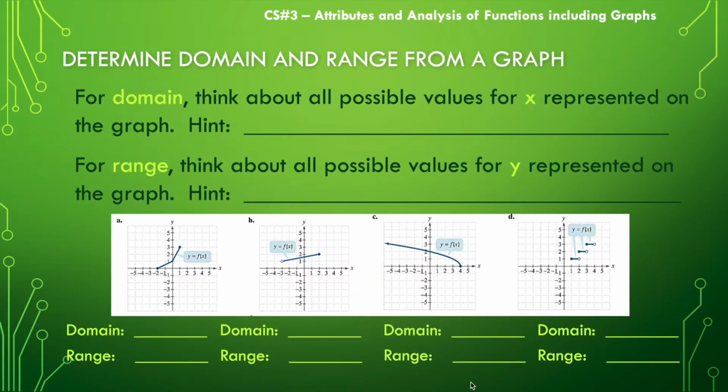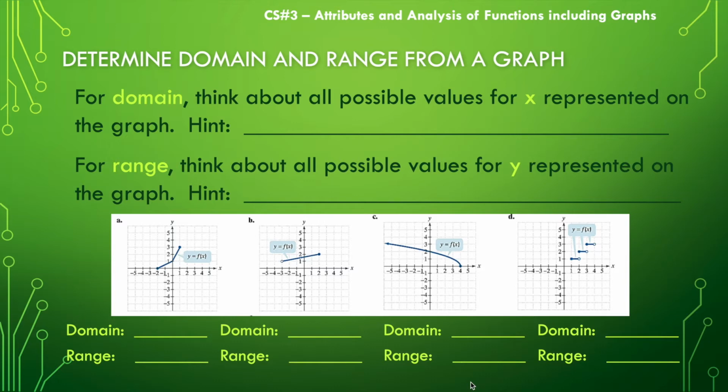Okay, so let's take a look at the domain and range of functions just by looking at their graph. So remember that the domain refers to the input values. If we're looking at a graph, our input values will be our x values. And so for the domain, we are going to be focusing on all possible values for x that are represented on the graph.